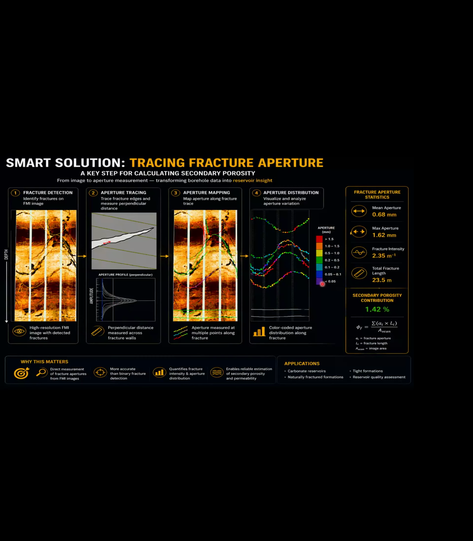If it's small, it will be like this color, and then you have a scale for the size of the aperture, and then you can have the aperture selectively in front of each zone, and then a summation for the whole reservoir or the whole interval. So this is simply what fracture aperture calculation is.